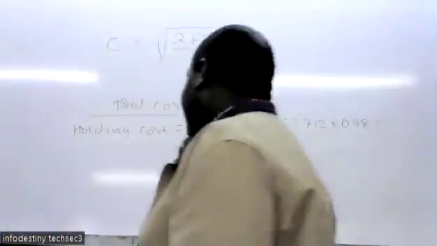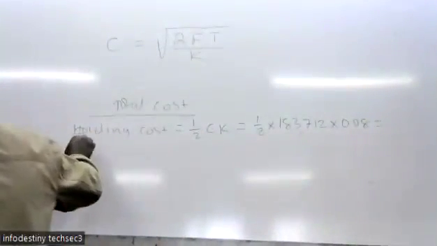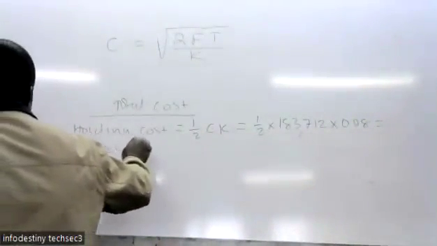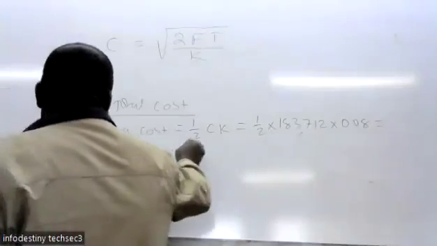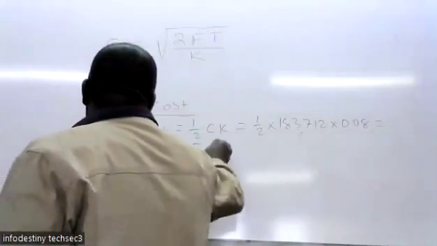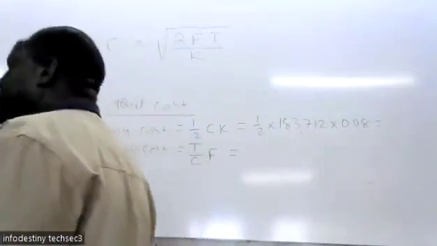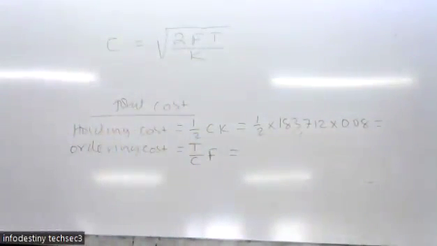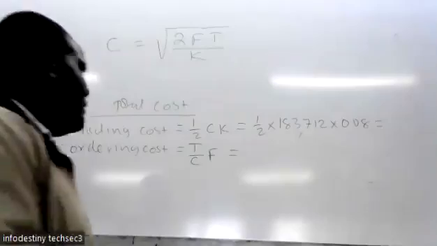Then also ordering costs. Ordering cost is given by T divided by C, times F. All those details we have. It is simply the number of orders multiplied by the ordering cost per order.